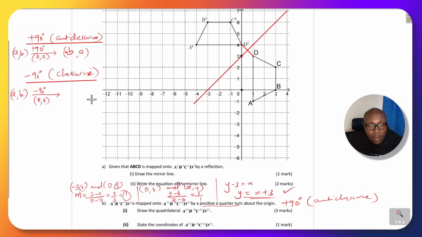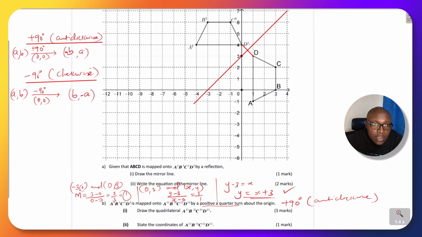So again, you interchange the coordinates, BA, like that. But this time round, you're going to negate the new y coordinate. So it will be B, minus A. You negate the new y coordinate.